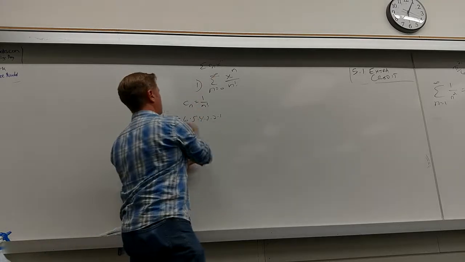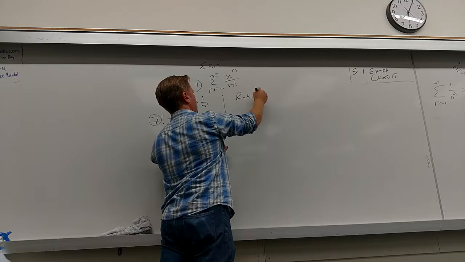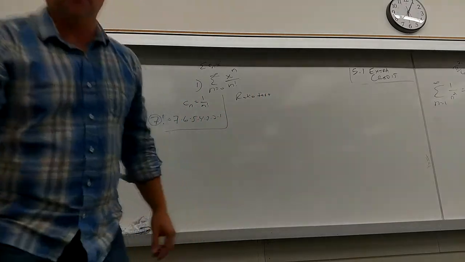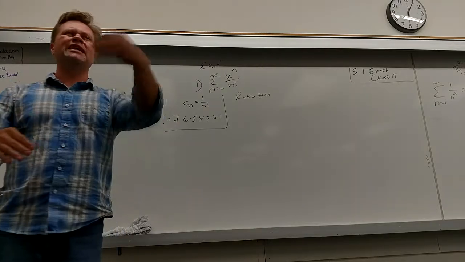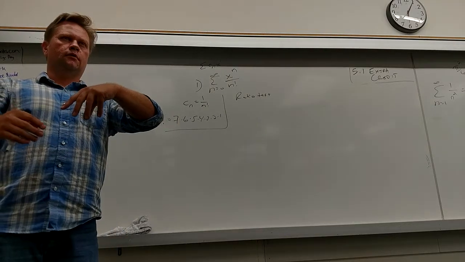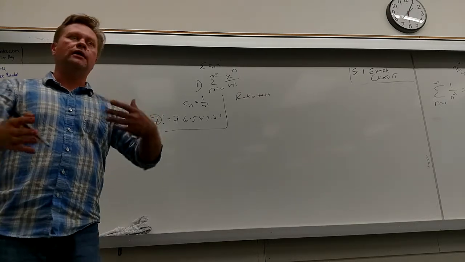Okay. So here, how would I apply the ratio test? The ratio test says, take the limit as n goes to infinity of the ratio of the next term divided by the previous term. So the term with an n plus 1 in it divided by the term with an n in it.